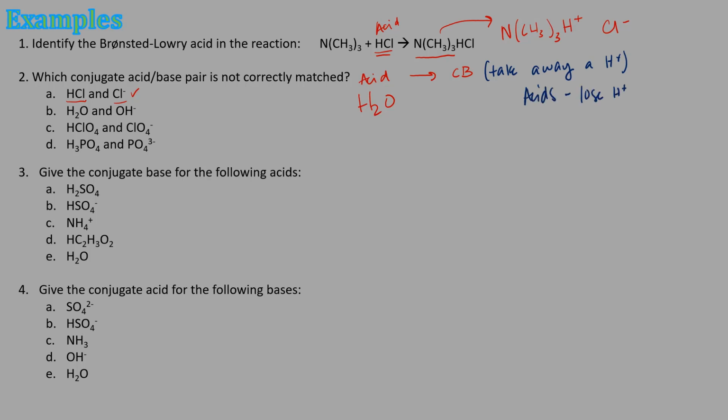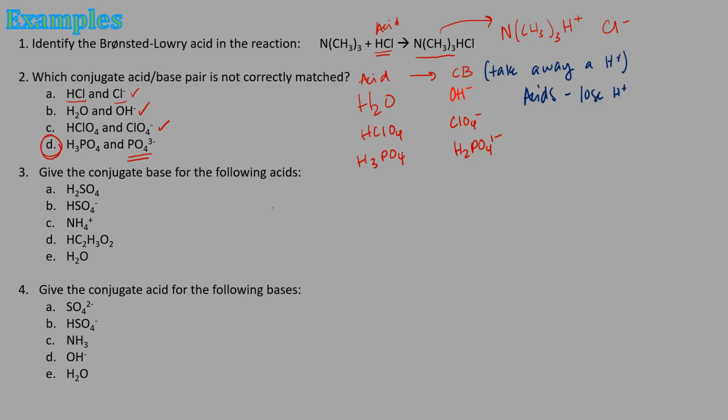Okay, so that means that the conjugate base here is going to be OH. So this is correct. So HClO4, if we take an H off, we get ClO4 negative. So that's correct. If we have H3PO4, we're going to take an H off, so that gives you H2PO4 negative. This has lost 3. So it's not correct. So this is the answer.